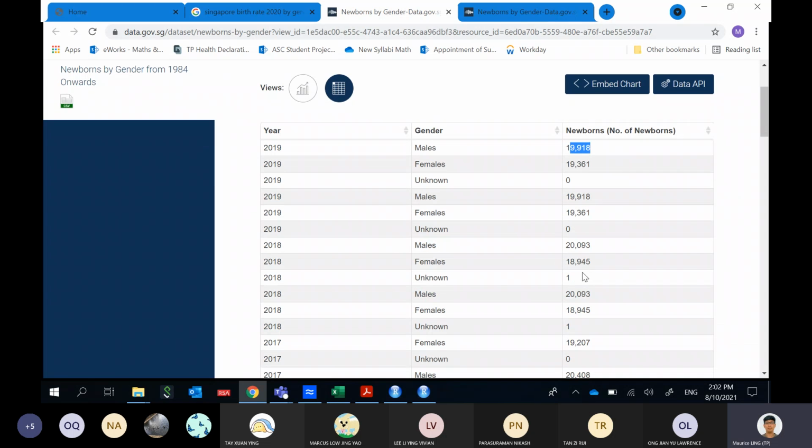Where on earth do you find unknown? Normally unknown is when the person is born overseas and during registration they never write properly. When you are born overseas, your parents need to go to the Singapore embassy to register a birth, and it's not immediate.